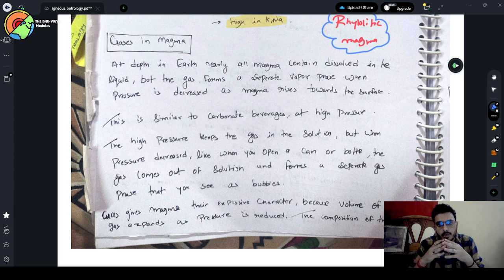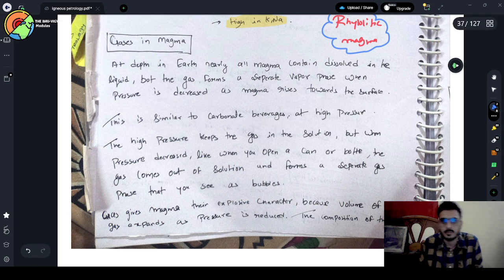Just like when we open the cap of a cold drink bottle, the CO2 gas starts to come out because of the decrease in pressure. Similarly, when the magma erupts and changes into lava, the dissolved gases convert into vapor phase and get out of the magma.